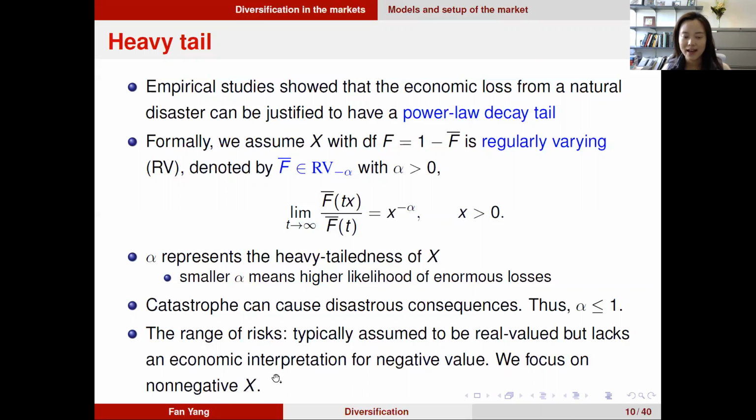By restricting X to be non-negative, it's possible to get a sharper result. We also compare to the real-valued setting, where you will see the result is not as sharp as for the non-negative. On one hand, non-negative is a more practical requirement. On the other hand, it also makes a sharper result available.